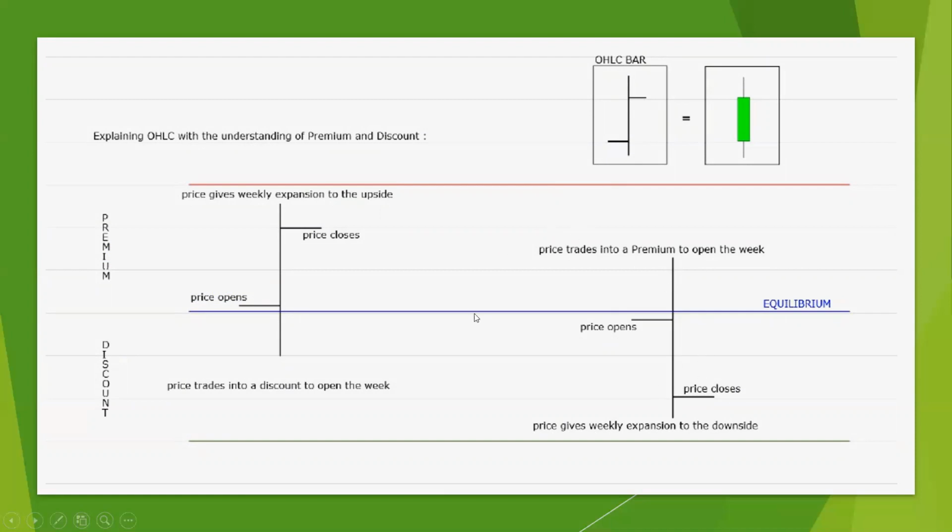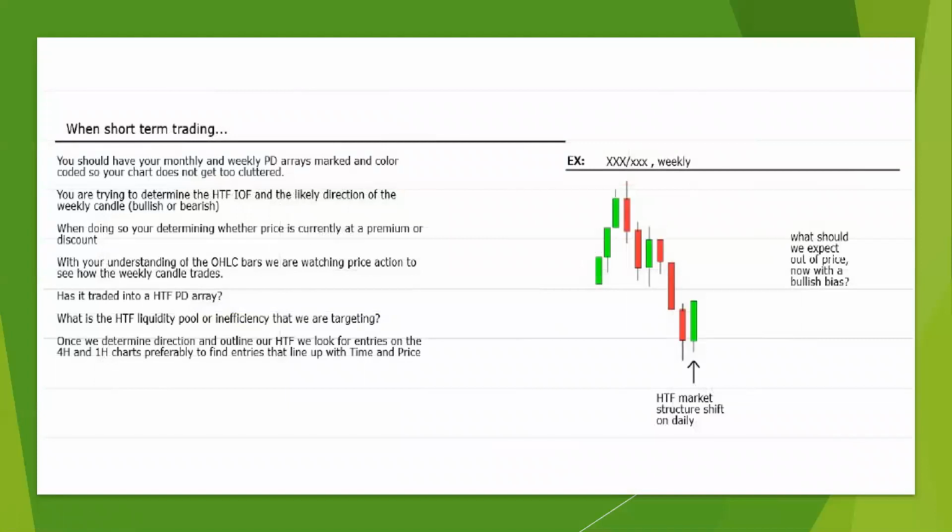Now, it's not always going to be clear cut, but I'm going to try to make this as simple as I can. So when we're short-term trading, you should automatically have the monthly and weekly PD arrays marked and color-coded, because you don't want to get it mixed up with your daily and your 4-hour whenever you're looking to trade. You want to know what you're looking at, and if it's not color-coded, label it.